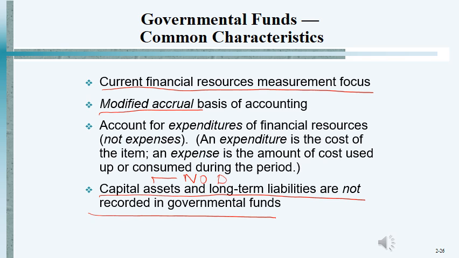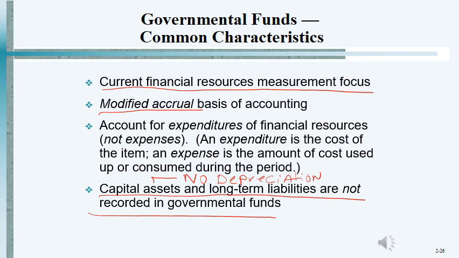No depreciation. Right? If you don't have a capital asset, there's nothing to depreciate, so we will not report depreciation on our statement of revenues, expenditures, and changes in fund balance for our governmental funds. So there's no capital assets, no depreciation.